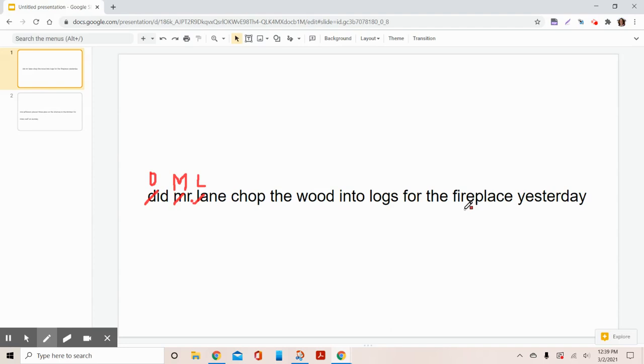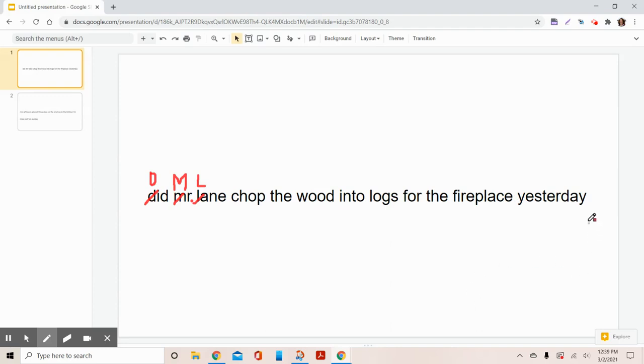So, fireplace is a common noun. Would fireplace name one or more than one? Is this going to be singular or plural? Fireplace. That's just one. We would have one fireplace or one or two fireplaces. So if it was more than one, we would have to add that S on the end.